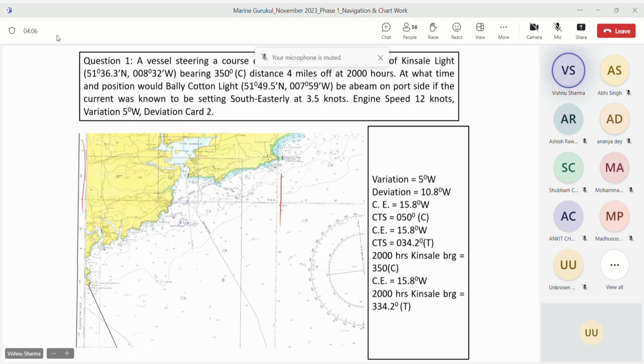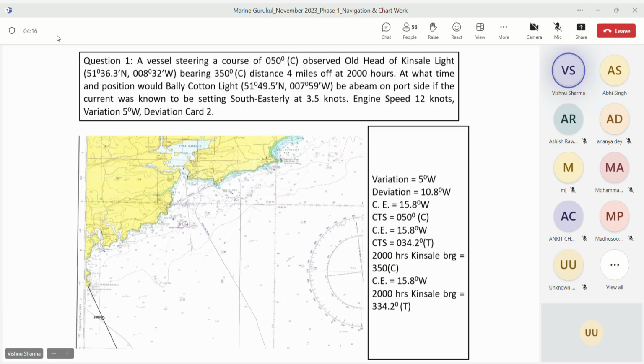Land, sir. Kinsale. Okay, Kinsale. You put on Kinsale and cut off, and that becomes 2000 hours fix. Is that clear up to 2000 hours fix? Yes, sir.